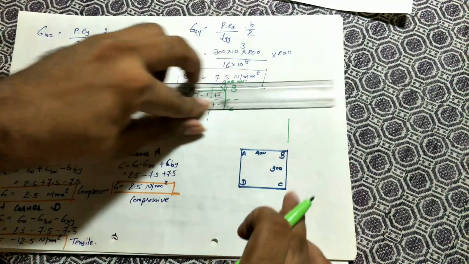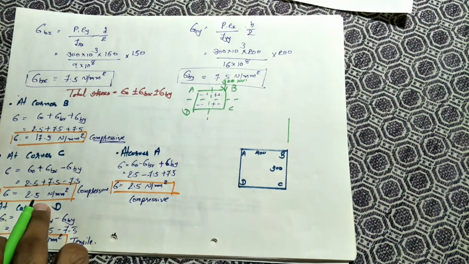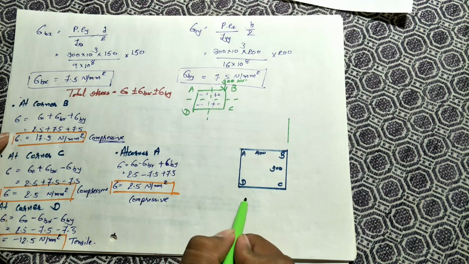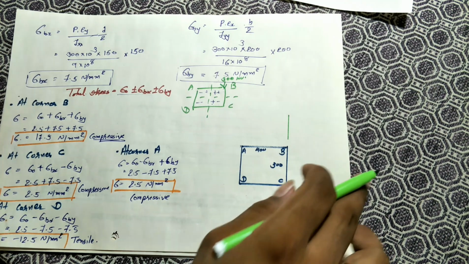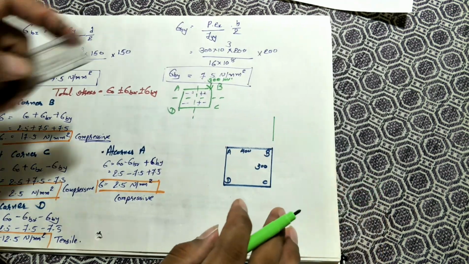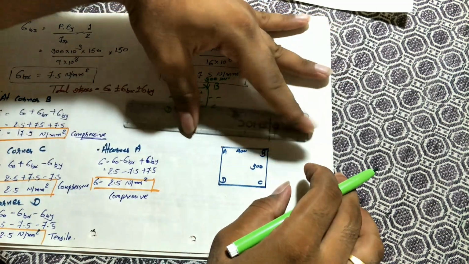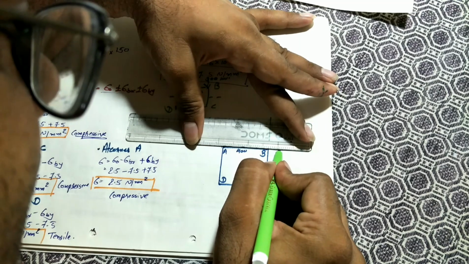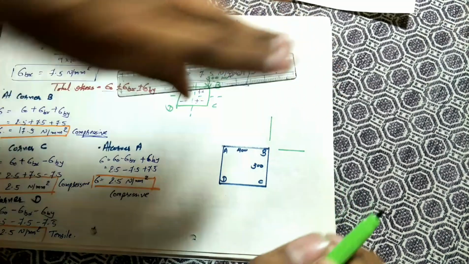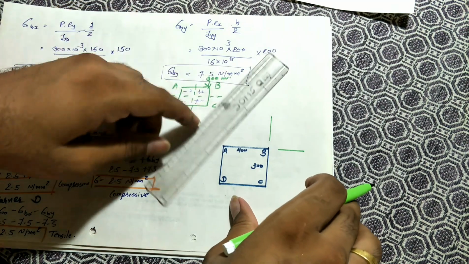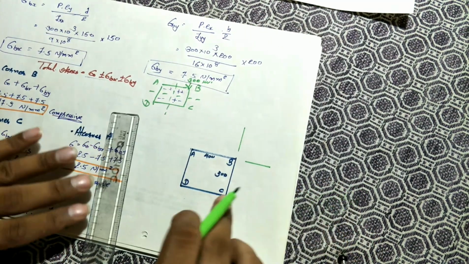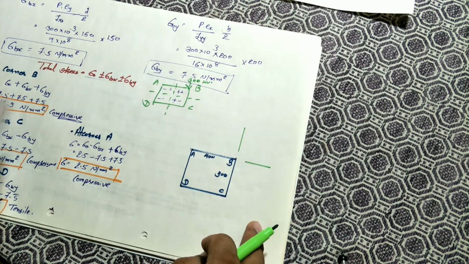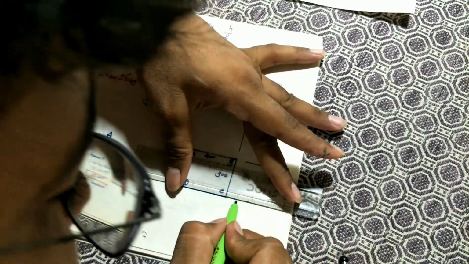Okay, so here at B and C, both values are positive. Only at D portion we are getting the negative value at this region only, but otherwise all values will be positive. Okay, so this is again a 17.5 value. Okay, so if we calculate for C, next is C corner, so that is 2.5, that is a positive value.